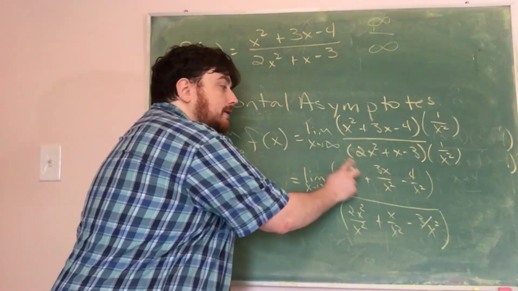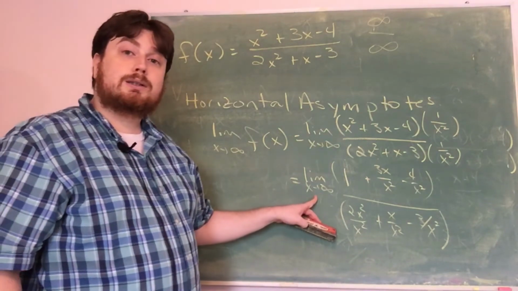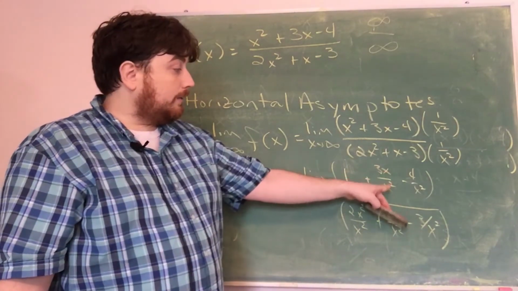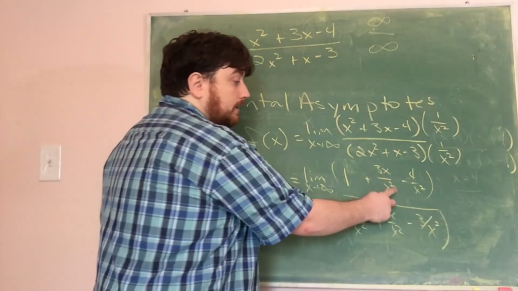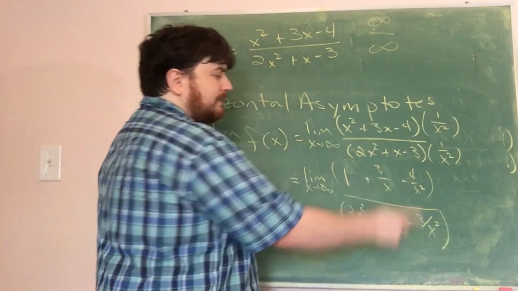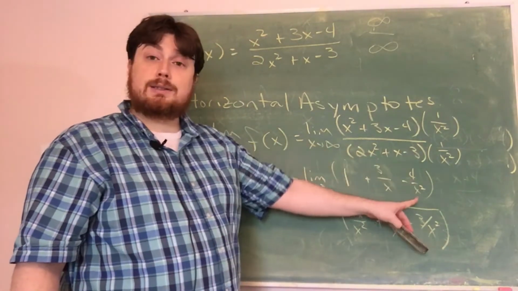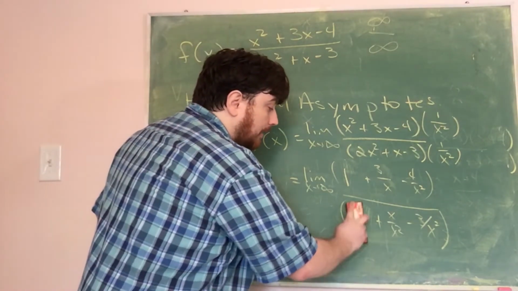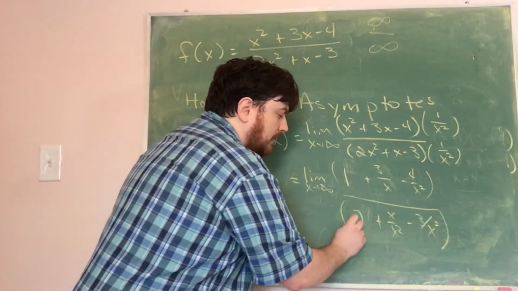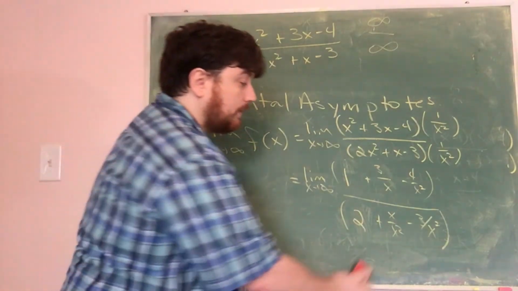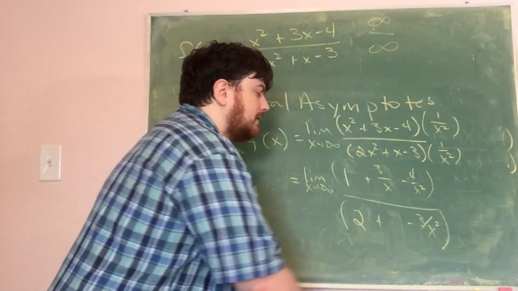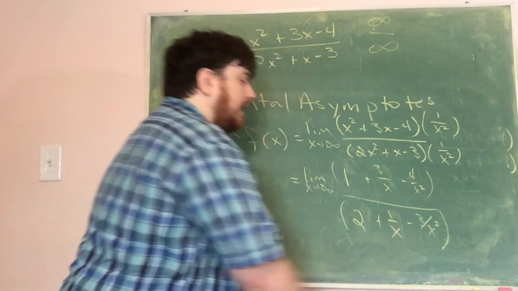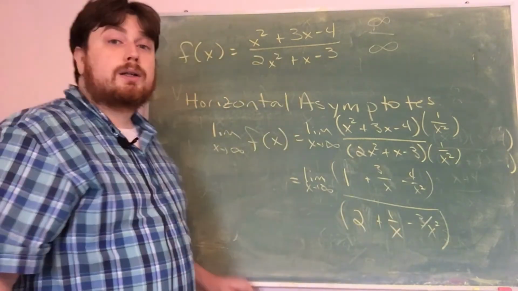Again, as long as x is not 0, but we don't have to worry about that because it's large x's. 3x over x squared is just 3 over x. And I'm going to leave this as negative 4 over x squared. Same thing here, the x squareds will cancel, and I'm left with 2. And then x over x squared will simplify to 1 over x. And then I'm left with minus 3 over x squared.